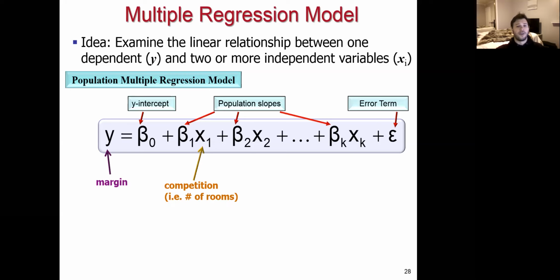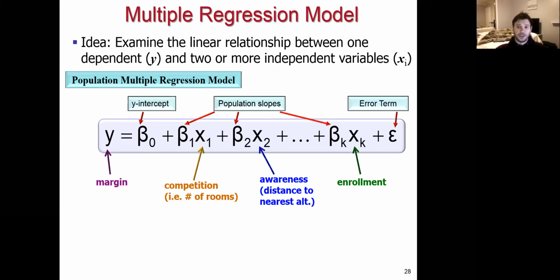Competition was the first variable we started looking at when we were modeling this in the single variable case. But now we've added a few other variables to the mix, things like market awareness and enrollment in university. If you wanted to think about writing out the regression equation for the population function, without plugging in the values for the betas, because we don't know those, we're going to have to take our sample data and estimate those betas with our lowercase b estimates.